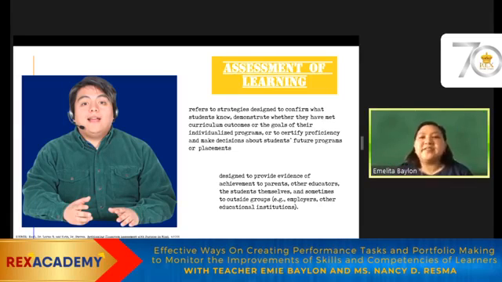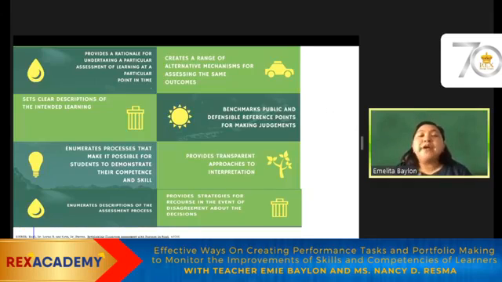So that's assessment of learning. In assessment of learning, we look into how we're able to design summative assessments and authentic assessments that would allow them to prepare themselves for future undertakings in the learning process.